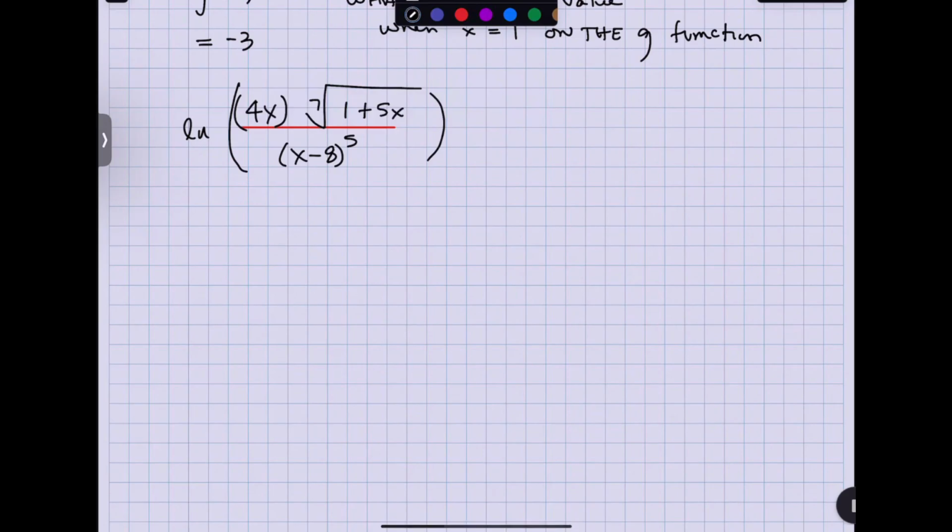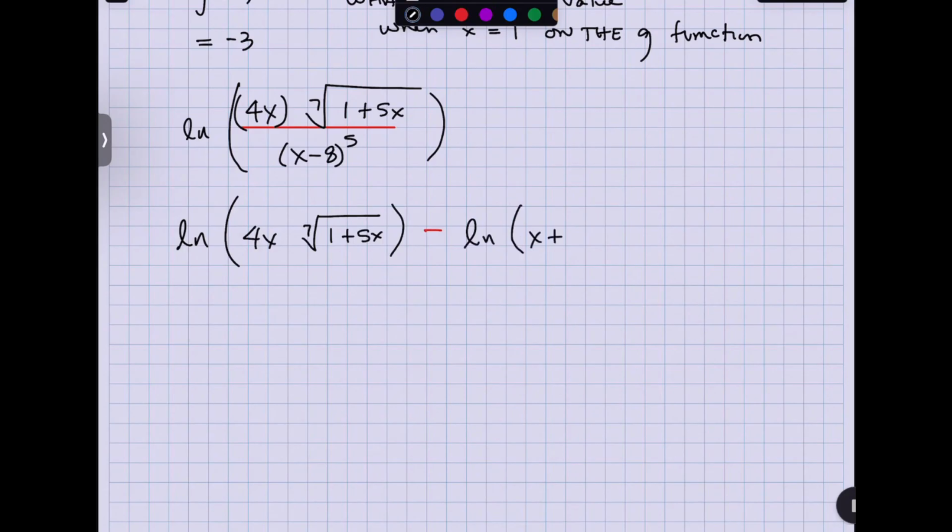So I'm thinking the quotient rule. So far, so good? Questions? I see product. So that gives you the product rule.